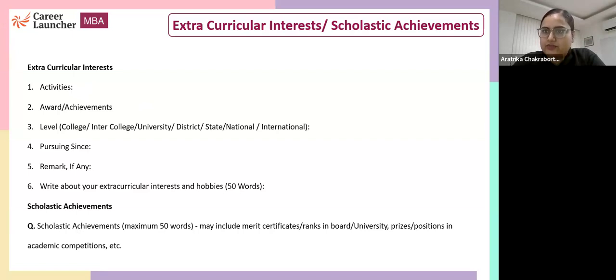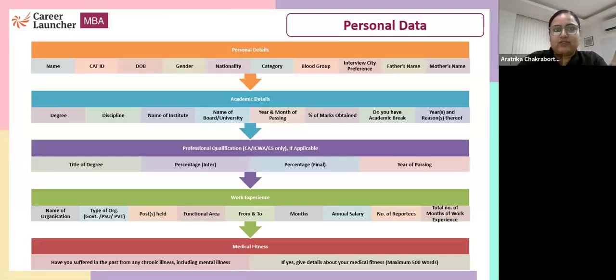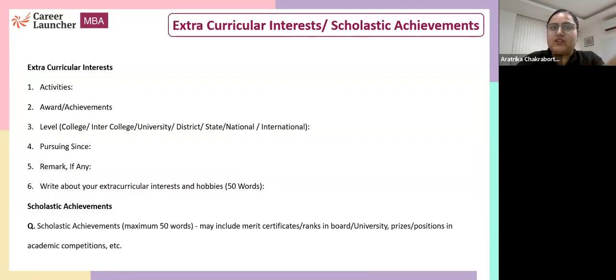To write down your internship, since there is no academic project section or any separate section as such, let me just check. Yeah, there is no particular separate section in terms of this. So you cannot mention it anywhere in these options. It's better you make it a part of the activities here.